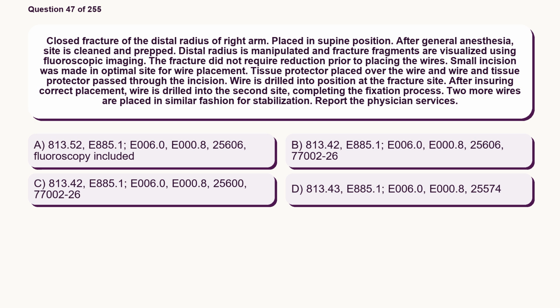Report the physician's services. Option A, 813.52, E885.1, E006.0, E000.8, 25,606, fluoroscopy included. Option B, 813.42, E885.1, E006.0, E000.8, 25,606, 77,002 to 26.